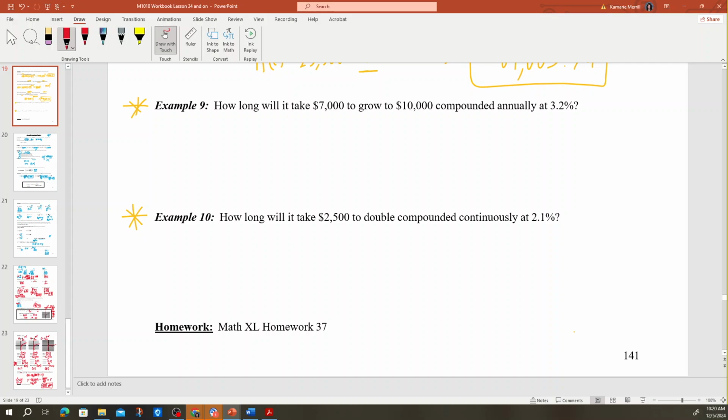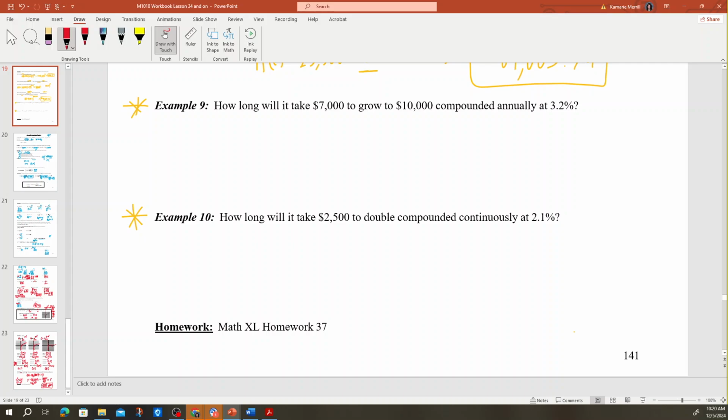It says, how long will it take 7,000 to grow to 10,000 when it's compounded annually at this rate? They use the word compound, so I know I need to use one of the interest problems, right? And then they use the word annual, so it's not continuous, so I don't use the e. I use the n one, right?